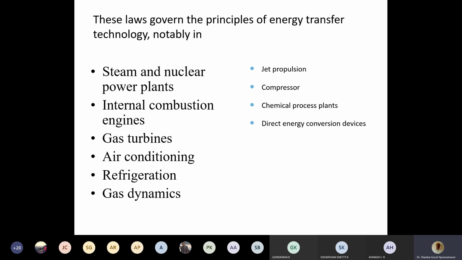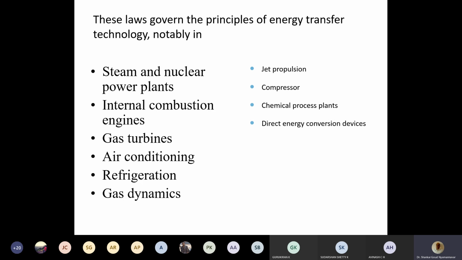Start with nuclear and steam power plants, internal combustion engines, gas turbines, air conditioning, refrigeration, gas dynamics, jet propulsion, compressors, chemical processes in plants, direct energy conversion devices. This is not the end; you can go on listing. In so many technologies, laws of thermodynamics are applicable.